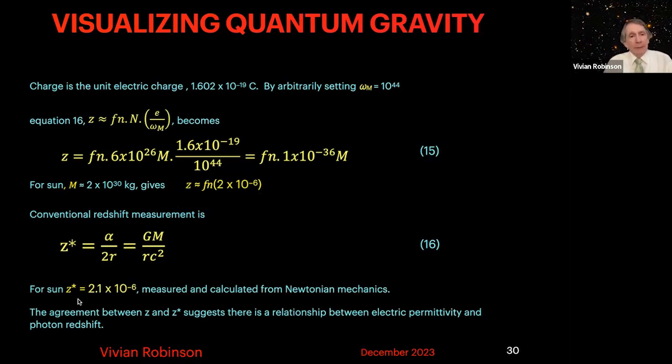Now, for the sun, the conventional redshift has been measured and calculated from Newtonian mechanics to be 2.1 times 10 to the minus 6. Now, the agreement between Z and Z star suggests there is a relationship between electric permittivity and photon redshift.